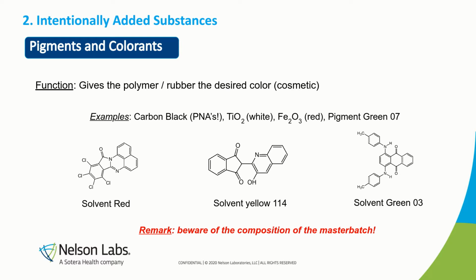That makes things black, but there's a concern with polynuclear aromatics there. Or you want to make things white, and that's with titanium dioxide. And every shade of gray in between is the combination of carbon black with titanium dioxide. If you want to color rubbers red, you use iron oxide, or green, for instance, with pigment green 7.